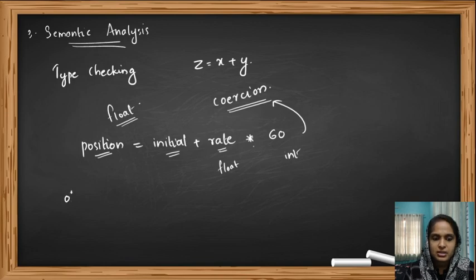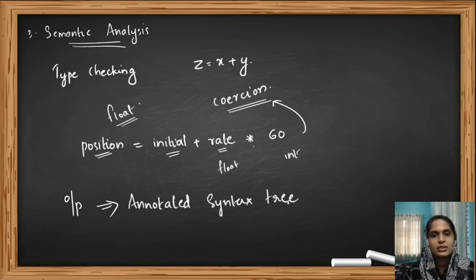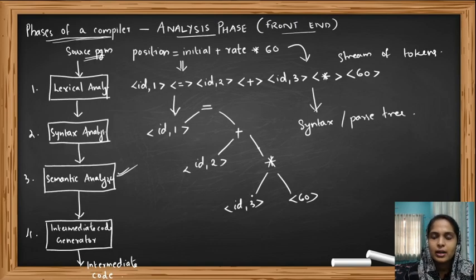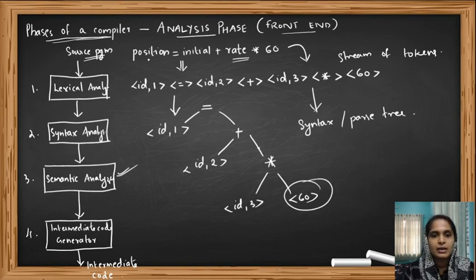The output of the semantic analysis phase is a syntax tree itself, but we call it an annotated syntax tree, or we can also call it an annotated parse tree. The only difference between an annotated parse tree and a normal parse tree is that in case of an annotated parse tree, the type checking and coercions have also been done. As I already told, position, initial, rate, we are assuming that these three variables are float and 60 is the only integer value here.